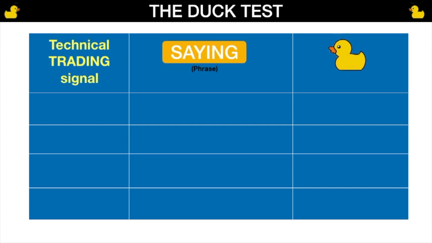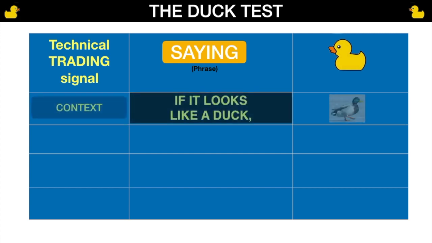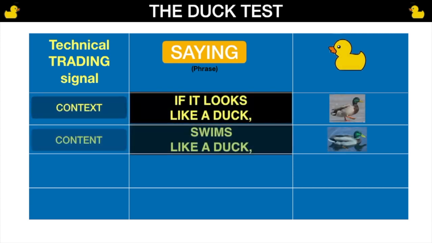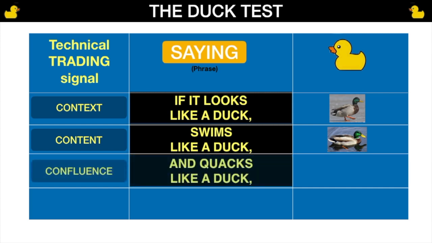It's been in use to identify possible criminals in the USA, and by the UK HMRC, the tax authorities here, as a test for how they may identify a company for tax purposes. And the duck test goes like this: if it looks like a duck, if it swims like a duck, and if it quacks like a duck, then it's probably a duck.